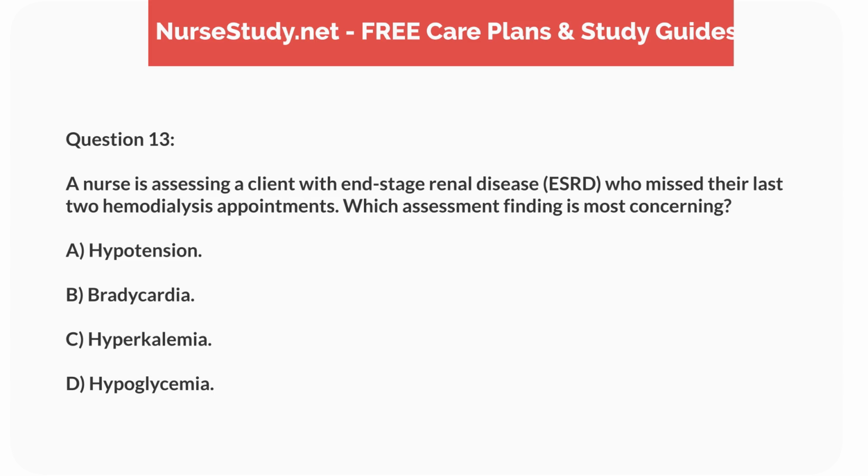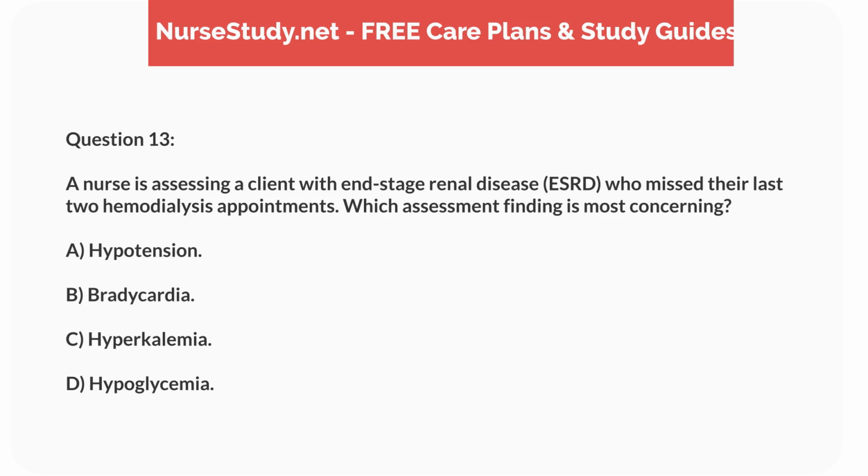Question 13. A nurse is assessing a client with end-stage renal disease, ESRD, who missed their last 2 hemodialysis appointments. Which assessment finding is most concerning? A. Hypotension. B. Bradycardia. C. Hyperkalemia.